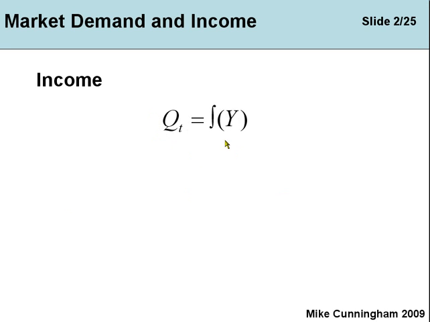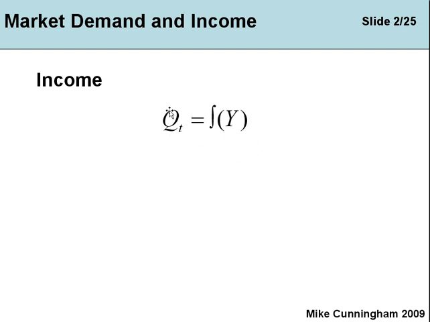And income is written as Y in economics for no good reason really. It's a custom, it's a tradition in the subject that when we see Y we know it's income. Apparently John Maynard Keynes back in the 1930s wrote income as Y, and it stuck. So whenever we see it, that's the relationship.